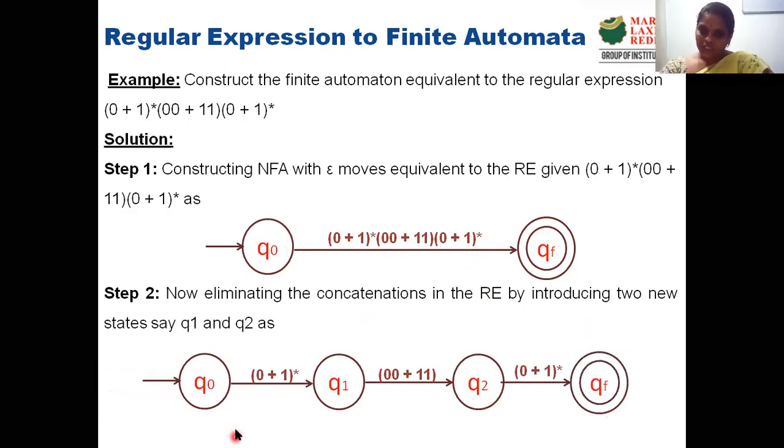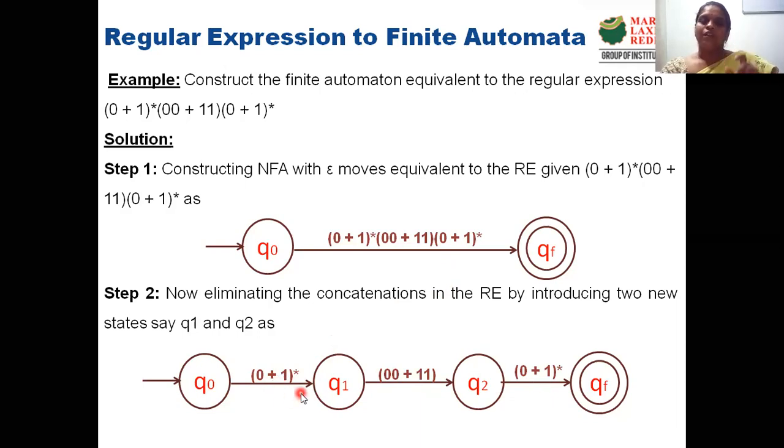Now at this stage we can observe that we have broken the concatenations. So we have three different expressions: (0+1)*, (00+11) and (0+1)*.